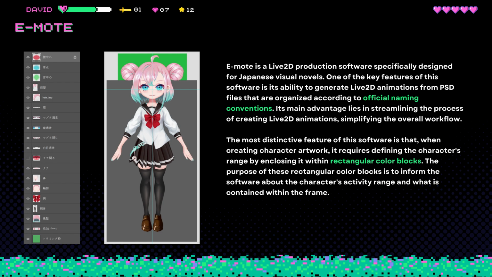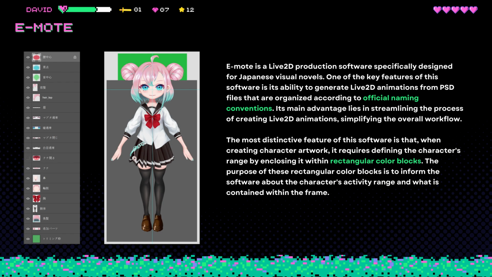In these 2 weeks, I explored Emote. This software is very popular in Japanese visual novel game companies because it has many interesting Live 2D functions that could mix up very useful Live 2D animation for the games.